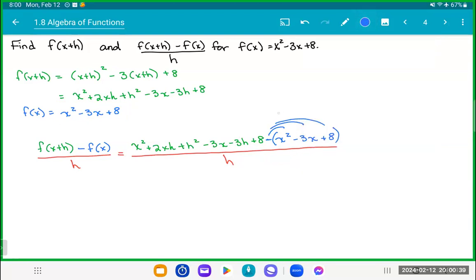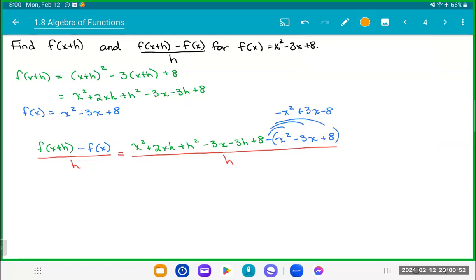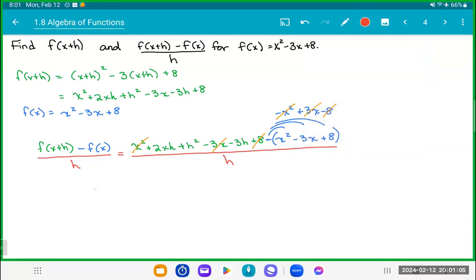So when we do this, this becomes negative x squared plus 3x minus 8. And so now we can say, well, I have a positive x squared and a negative x squared. I have a negative 3 and a positive 3. I have a negative 8 and a positive 8. And then that's going to simplify down to 2xh plus h squared minus 3h divided by h.